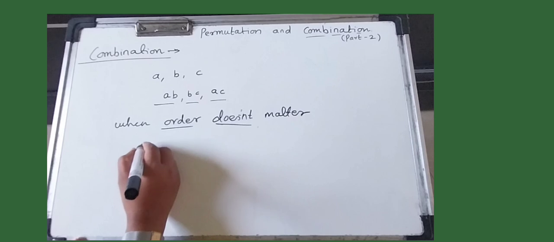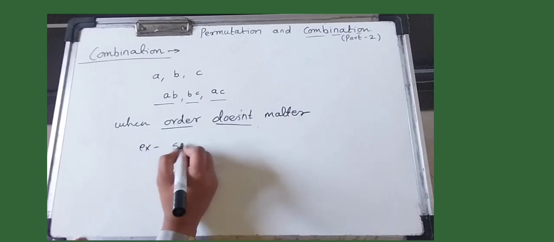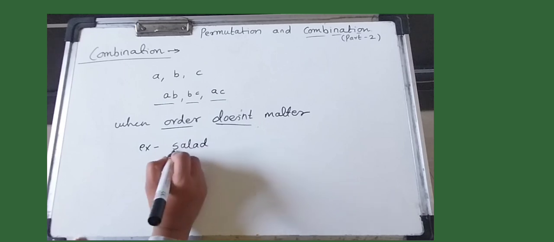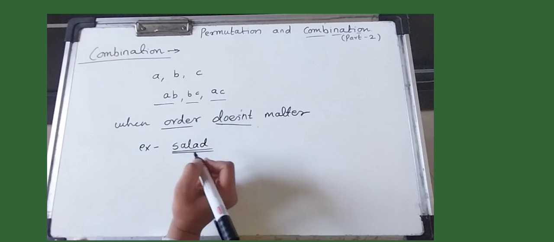Suppose, for example, if I want to make a salad. Why do we call it a combination? This is the best example. Listen carefully.